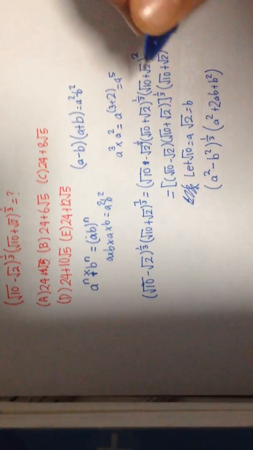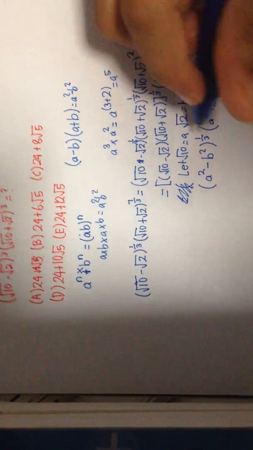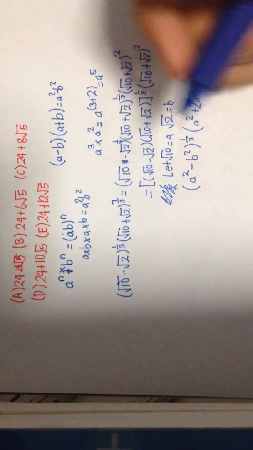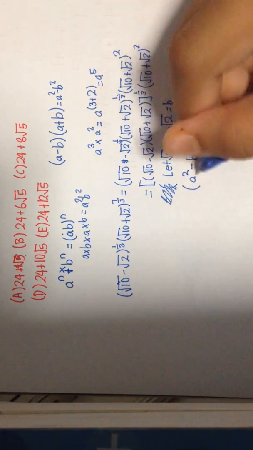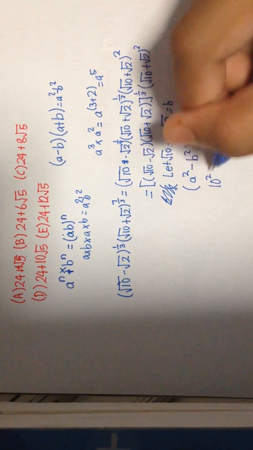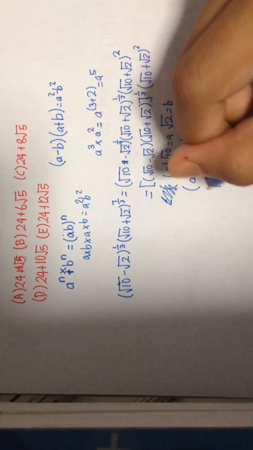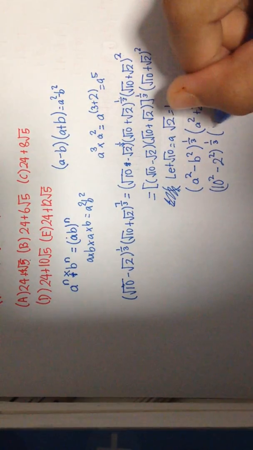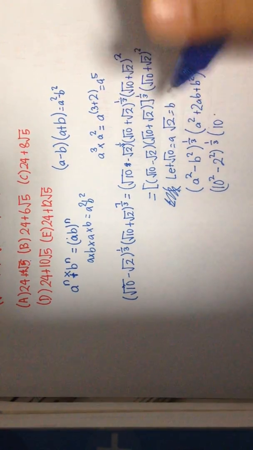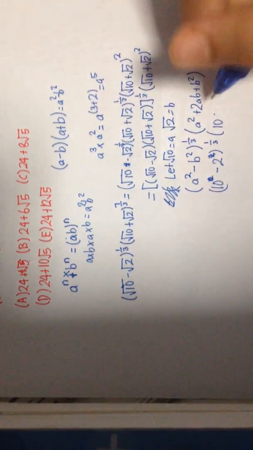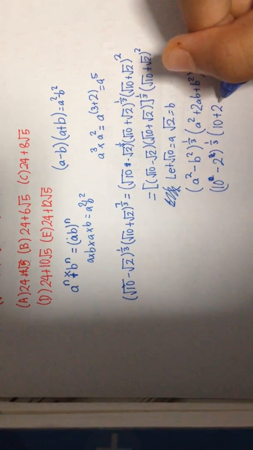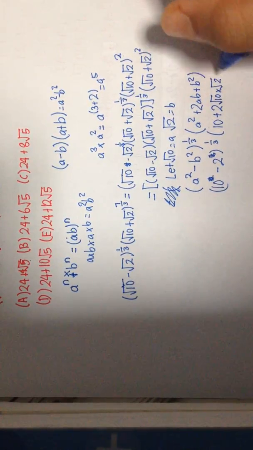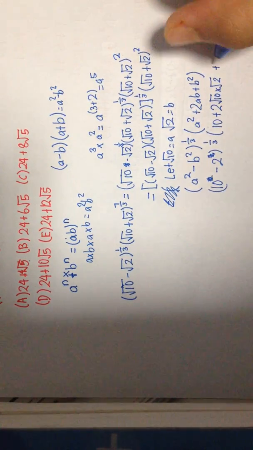Now, some people could ask whether I actually have to expand this further. Not necessarily. Now let's put this back into the values. Root 10 is a, so a square will be 10, minus 2, to the power of 1/3, times 10 plus 2 times root 10 times root 2 plus 2.